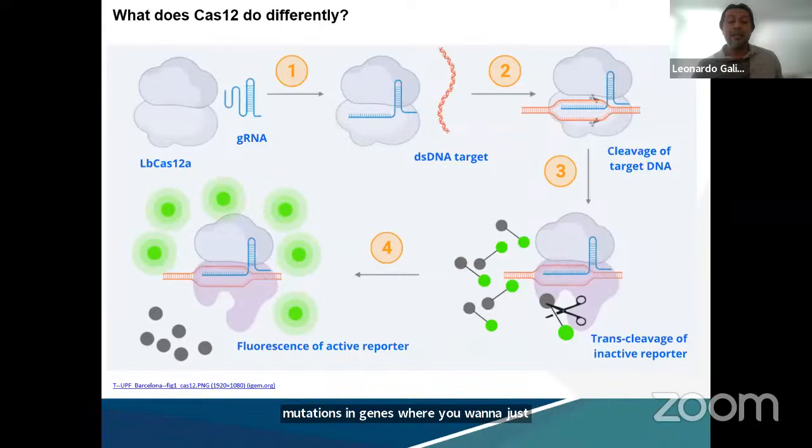Now, Cas9 is the enzyme that is usually used for mutagenesis, but there are other enzymes in the same family that have additional functions. So for example, here I'm showing Cas12, which does pretty much the same. So you have your enzyme, guide RNA, double-strand DNA, and then your target, which is cut. However, when Cas12 finds a target, it will also cut free-floating DNA strands.